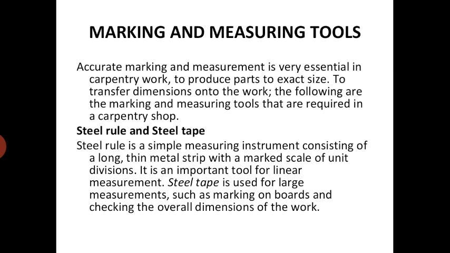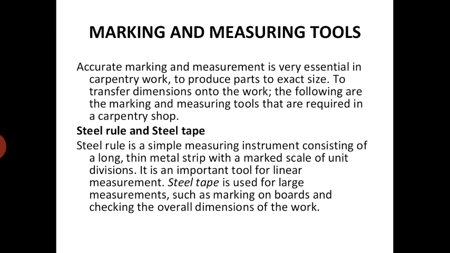Students, now we will discuss various marking and measuring tools. Accurate marking and measurement is very essential in carpentry work to produce parts to exact size. To transfer dimensions onto work, the following are the marking and measuring tools required in the carpentry shop.